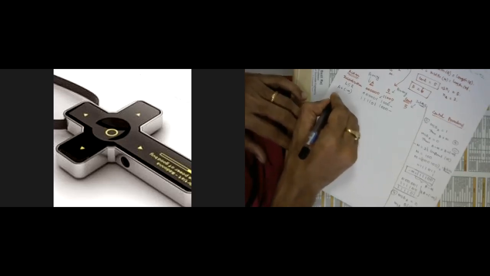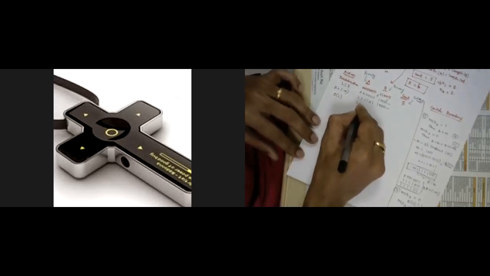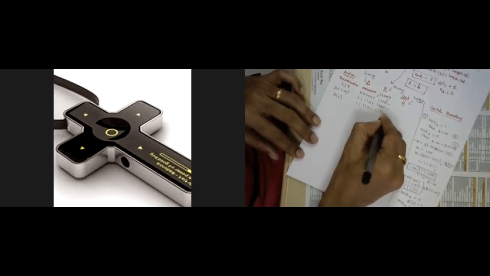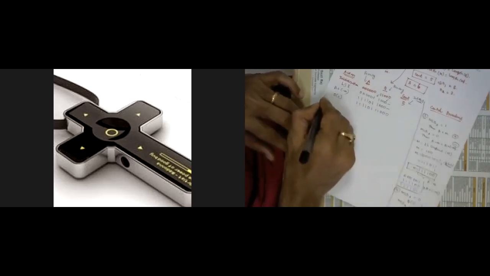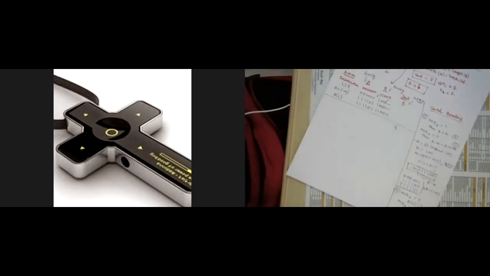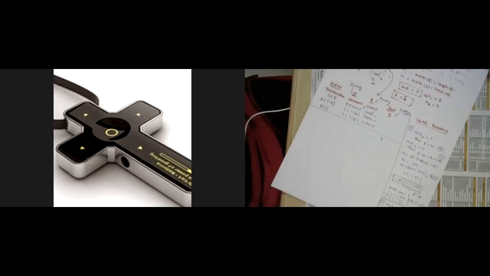Therefore, filling the Q of 0 value, therefore 1, 1, 1, 1, 0, 1, 1, 1, 0, 0, 0. I hope this is clear. That means one iteration is over.